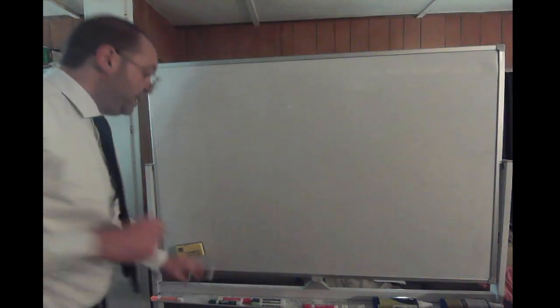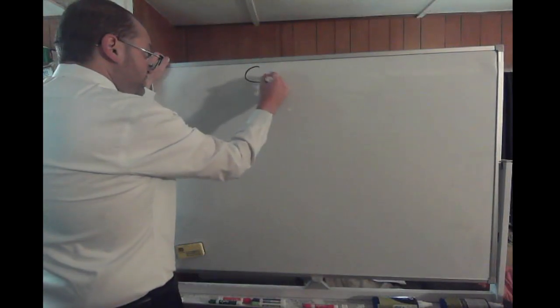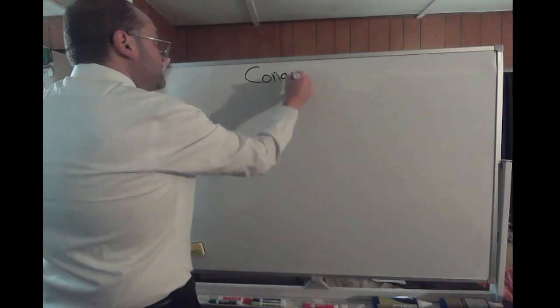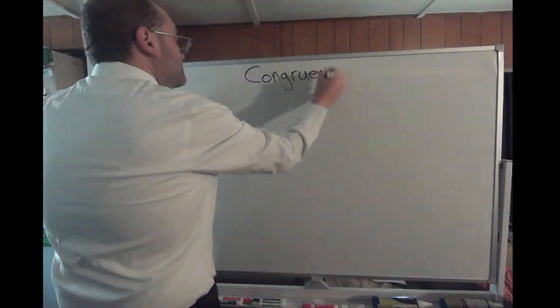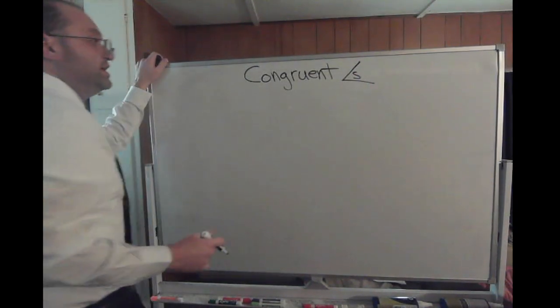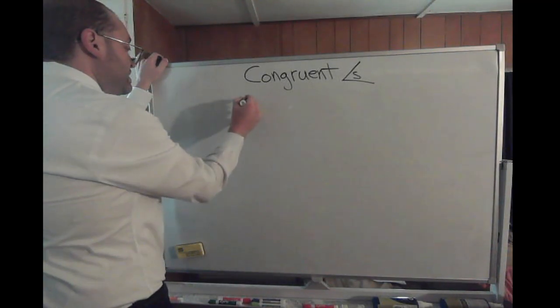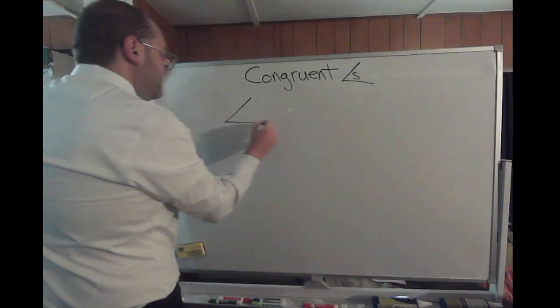Congruent angles are angles that have the same measure. Here's how you would write angles plural in abbreviation, angle with a little s inside of it. So congruent angles, let's demonstrate here.